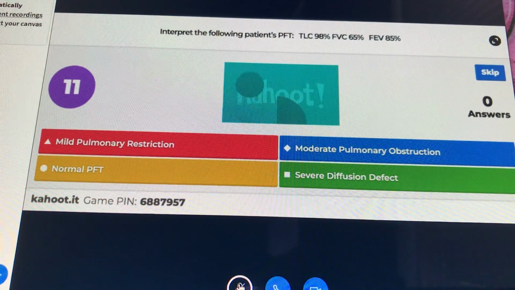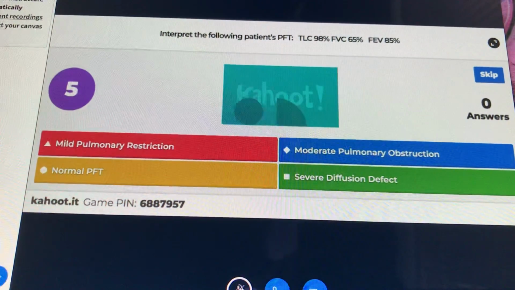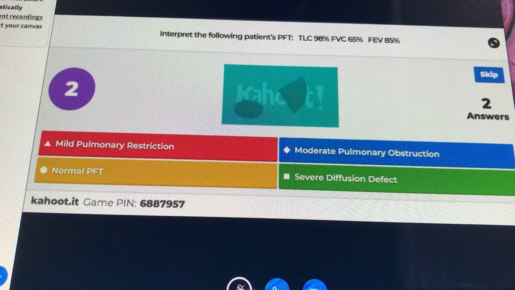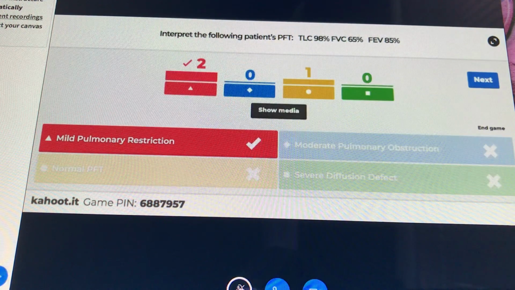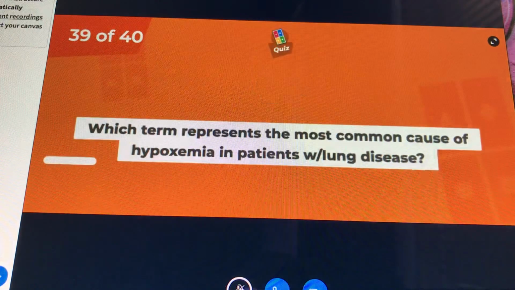What's wrong with them, if anything? Okay, so the best answer here is a mild pulmonary restriction. Reason being is because your vital capacity, or forced vital capacity, is the best indicator of restrictive disease. And this is below your 70, 75, 80 benchmark, depending on what book you're looking at, significantly lower. So we can assume that they have a mild obstruction. Or I'm sorry, mild restriction, I apologize.